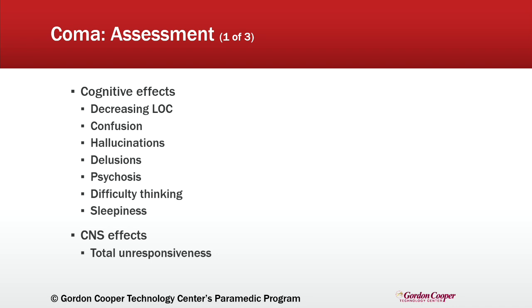So when assessing for diminished LOC and the potential for an imminent coma, keep an eye out for the following signs and symptoms. Decreased LOC, a noticeable decline in the patient's responsiveness. The patient may seem disoriented or unclear about their surroundings. They might even experience sensory perceptions that aren't present, such as hallucinations. They may develop some false beliefs that could lead to misrepresentations of reality and be delusional.